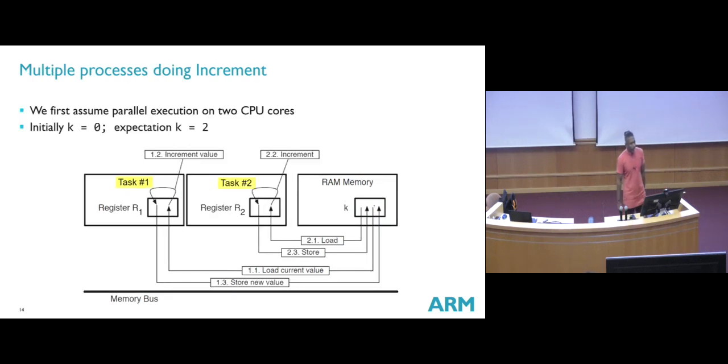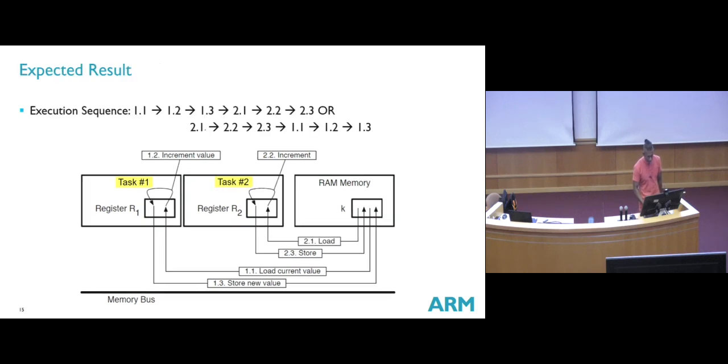But if I have this current code, where two threads are calling increment k concurrently, what can happen? What we expect is k to be 0 initially, and when I complete both tasks, running one time each, I should get k equals 2. That is the expected behavior. But let's see what can happen.